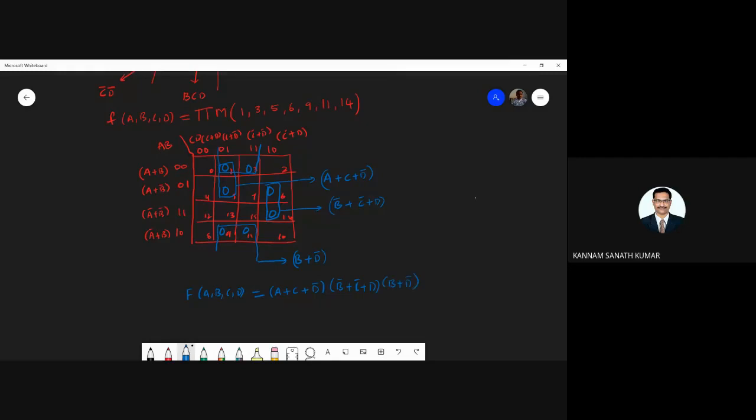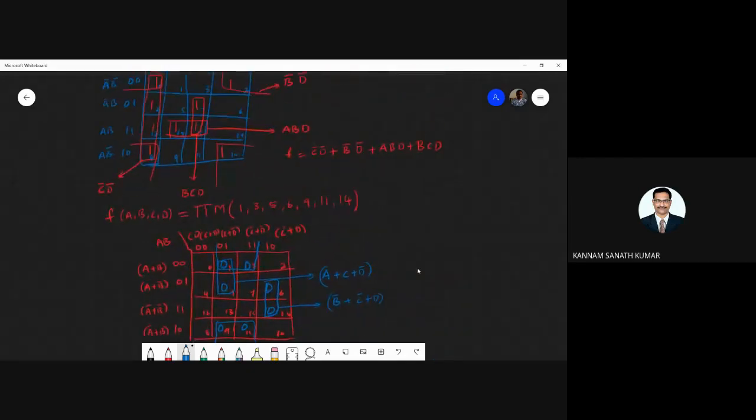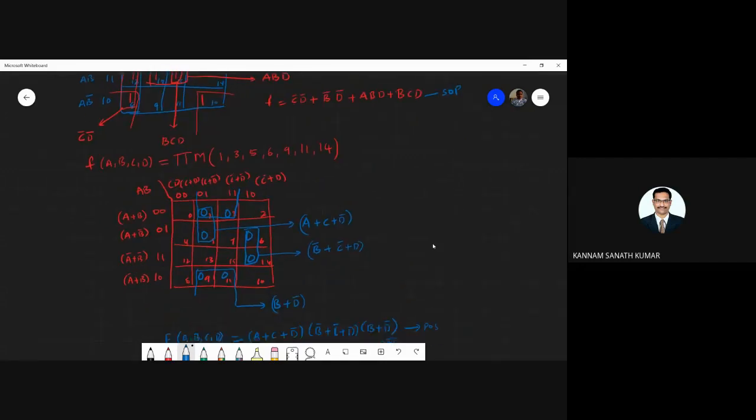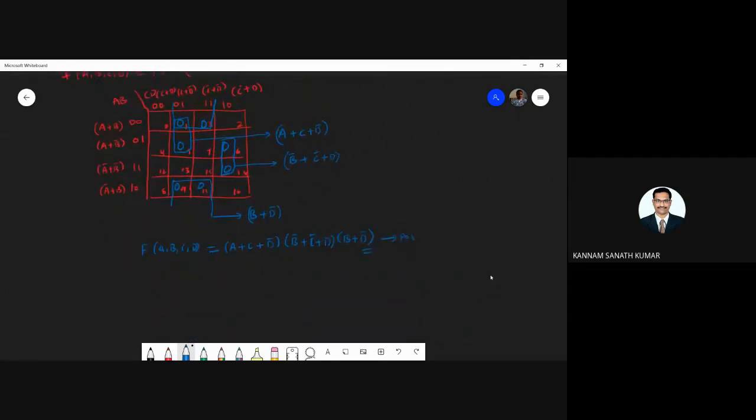Okay, so like this, you will get the POS, product of sum. So here in the first example, you got the sum of products. Okay, so this is nothing but SOP, and by combining these zeros, we get the product of sum.